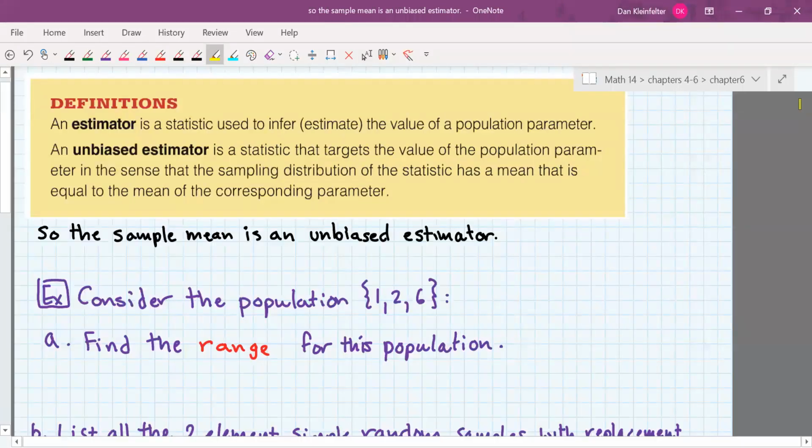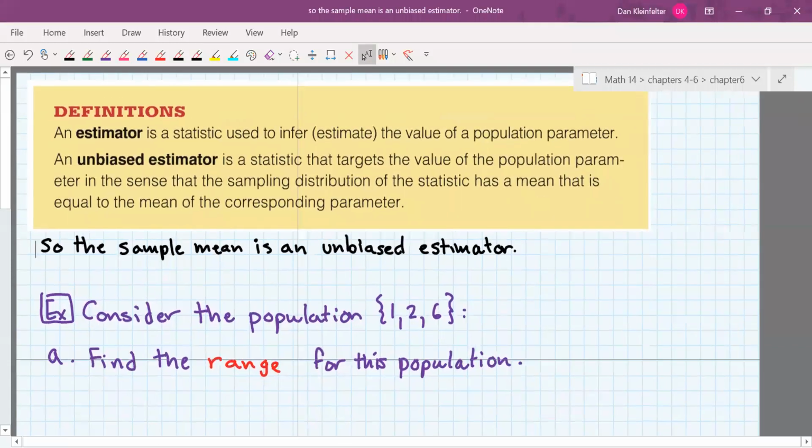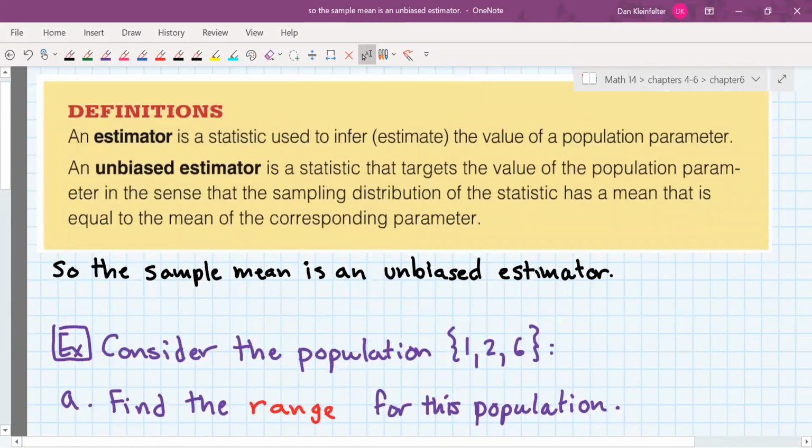And so that leads us to yet another definition. We want to talk about the difference between a regular estimator and an unbiased estimator. So an estimator is a statistic that is used to infer or estimate the value of a population parameter.